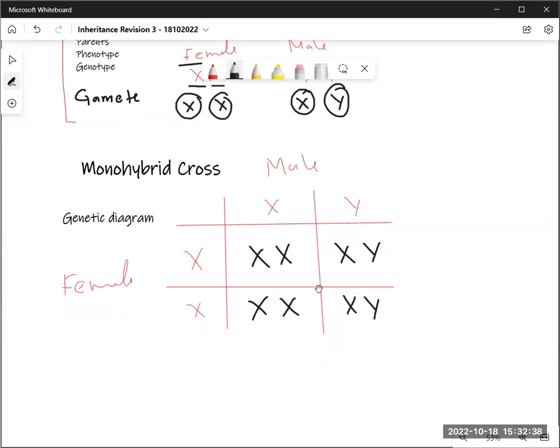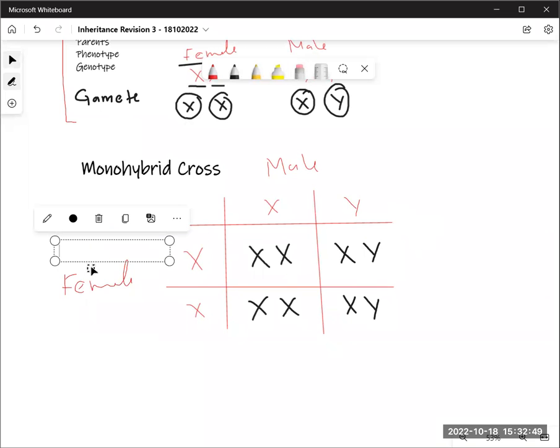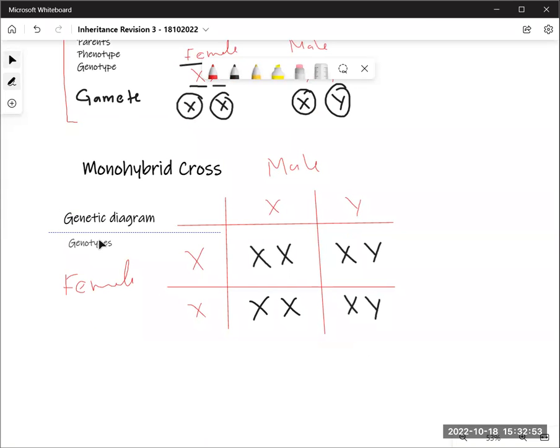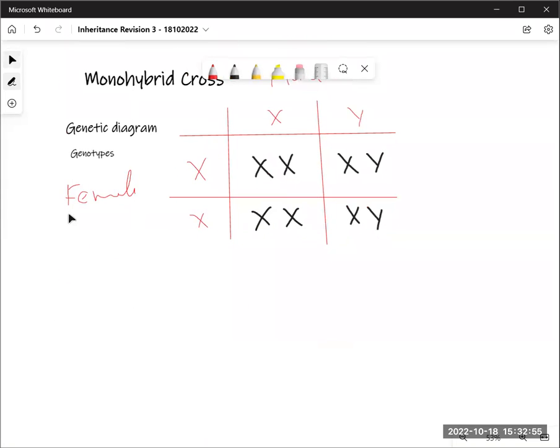Now, that's fine. In the genetic diagram, we only write the genotypes. Fine, let's write this as the genotypes right here. Now we look at the phenotypes.